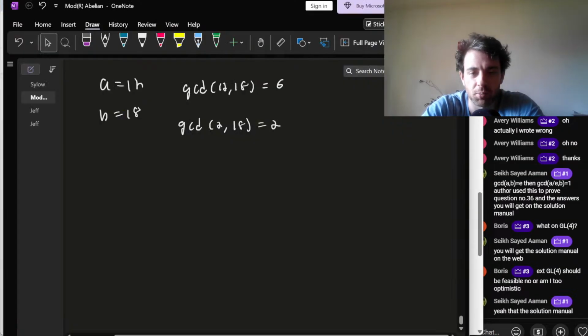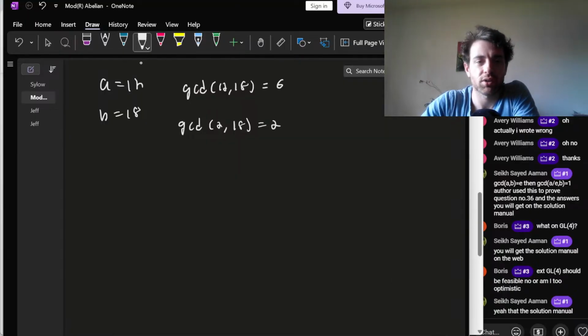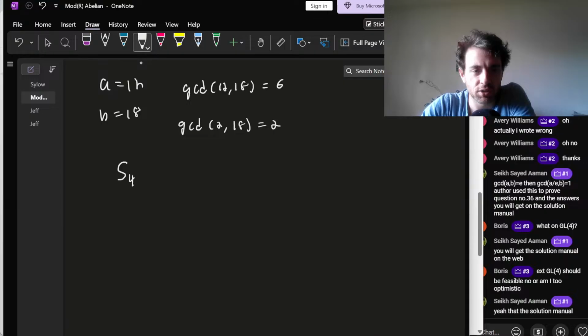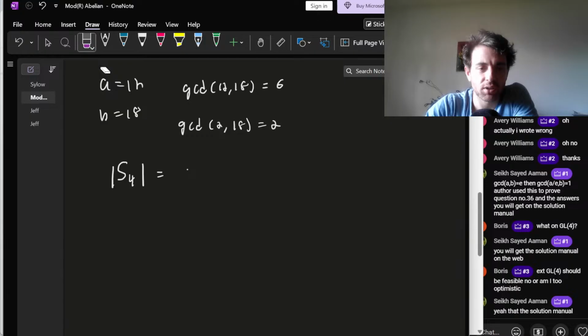But let me talk a little bit about why GL4 is complicated. First off, our group is S4. Actually, that's not true, but we only need the generators, right?